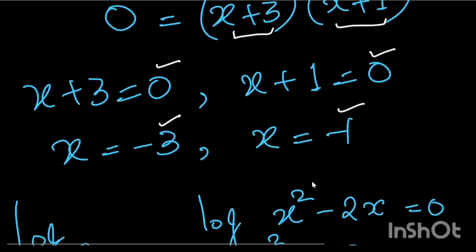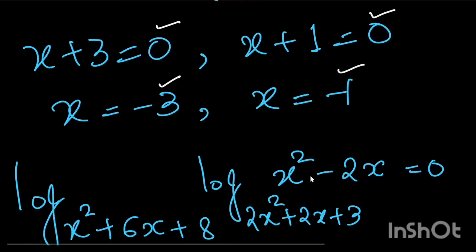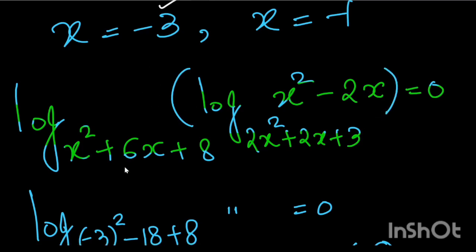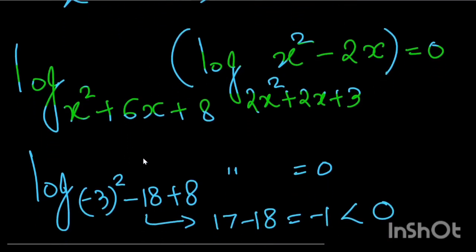Now we need to ensure the domain. So we will substitute each of them one by one in the original equation. First x equals minus 3, substituting everywhere.